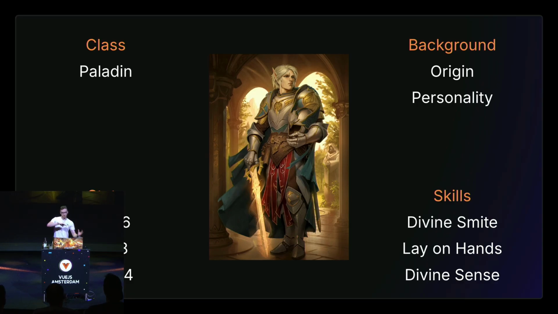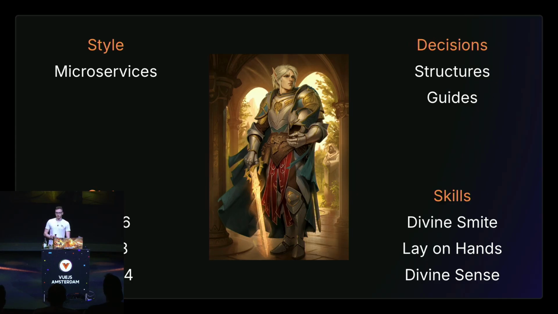So if we compare it to software architecture, we will see that class can be converted to a style. It could be microservices, could be monolith, modular monolith, micro frontends. The background can be decisions, basically guidelines for the team on where they should go with the architecture and the project.